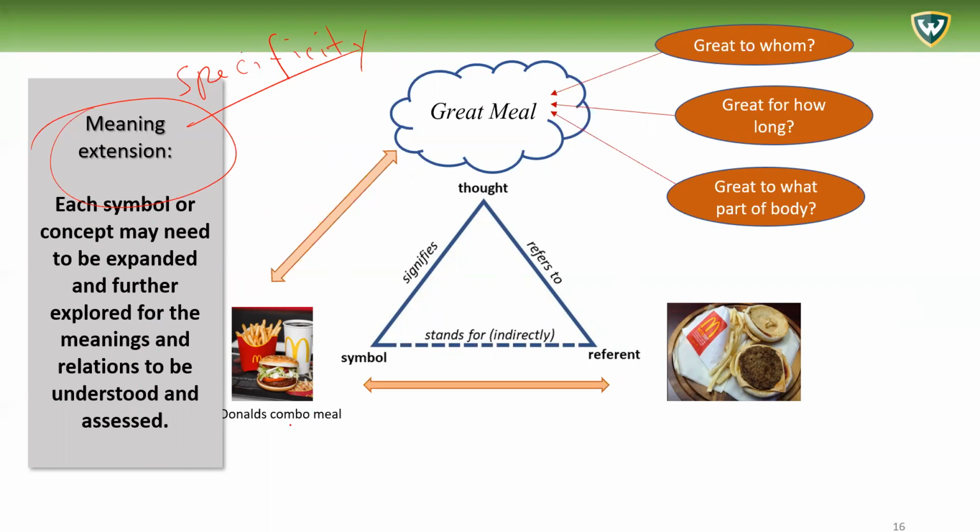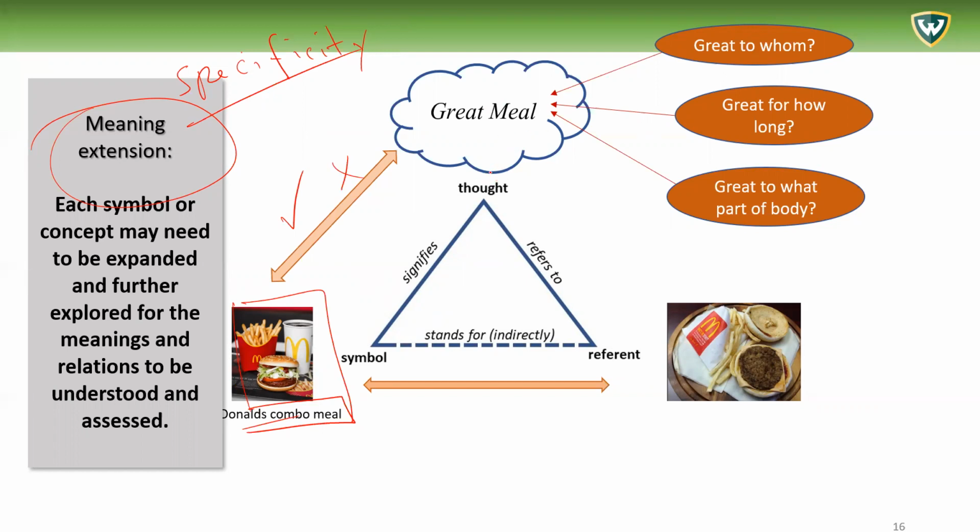So if you see the image, McDonald's combo meal, in the newspaper or the advertisement, and then you think of a great meal, you're maybe not sure whether it matches or doesn't match. A great meal to whom? To me, that's a great meal, but maybe it's not a great meal to my 2-year-old child. Is it great for how long? Maybe it's great in the first 10 minutes, but in the next hour, it's not going to be great for you.